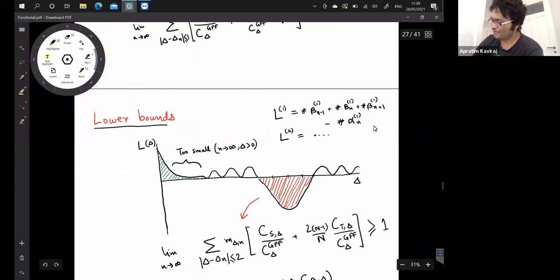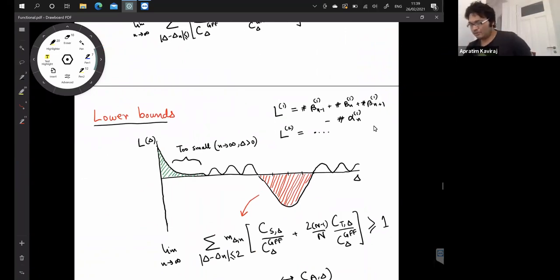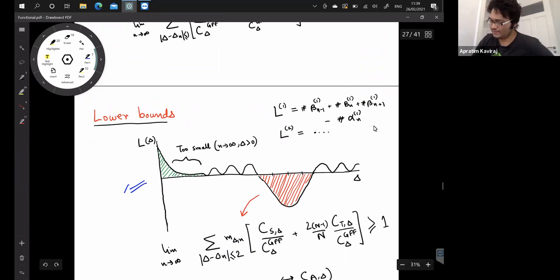And similarly, you can also have a lower bound. So this is the O1 lower bound for the O1 case, and here we choose a functional which has the property that it's positive near the identity.